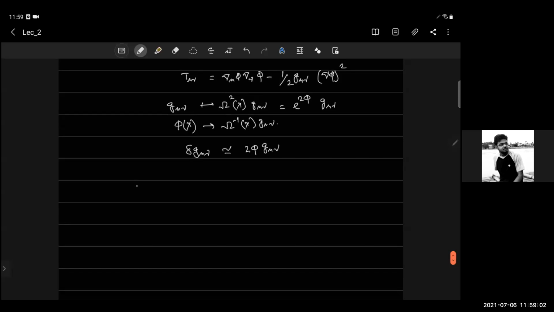So now you want to see what happens to the action under the Weyl invariance. Delta S under the Weyl transformation, you can write del S del g mu nu times delta g mu nu. And you remember the definition of the stress tensor, that the stress tensor is proportional to del S del g mu nu.